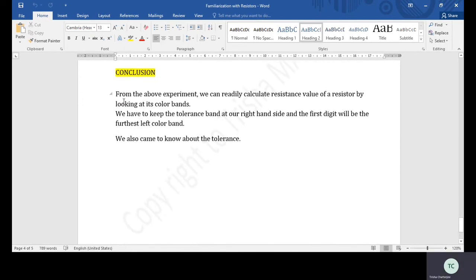Now this is a conclusion. From the above experiments, we can readily calculate the resistance value of a resistor by looking at its color bands. We have already done it in our observation table, and also if you have a resistor in your hand, you can readily measure the value.